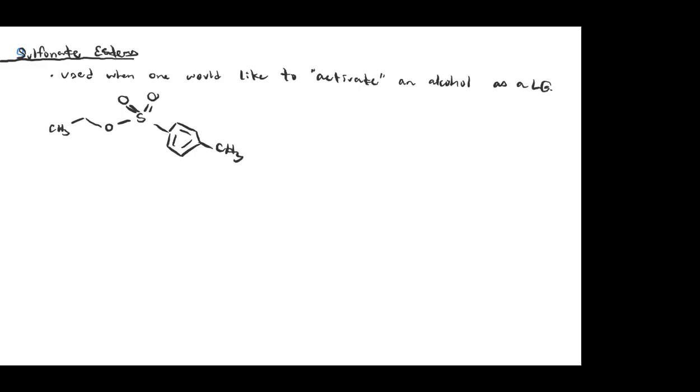Okay, so this entire, all this gemisch on the right side is my leaving group, okay? And so the methyl group on the phenyl ring in a 1,4 relationship with the sulfur has a trivial name, and we call that a para-tol group.